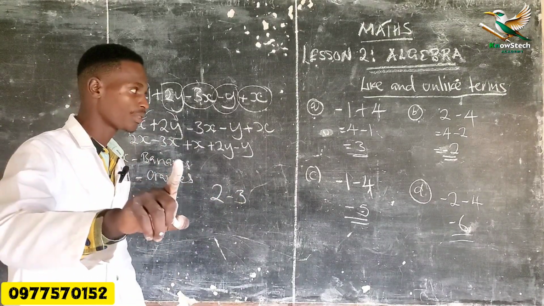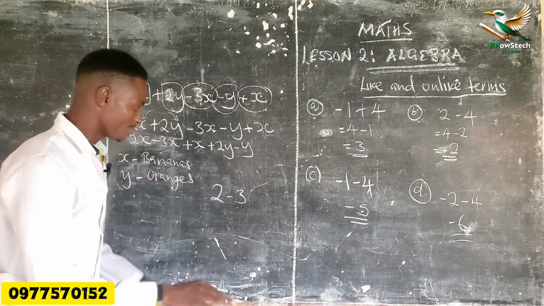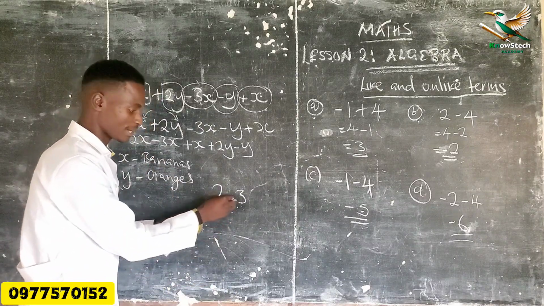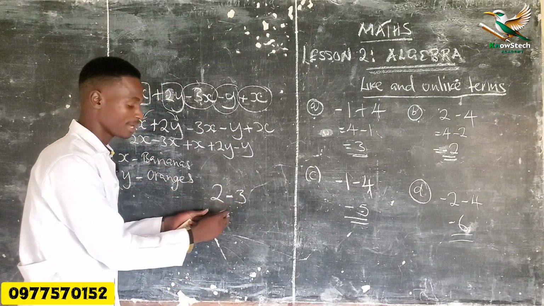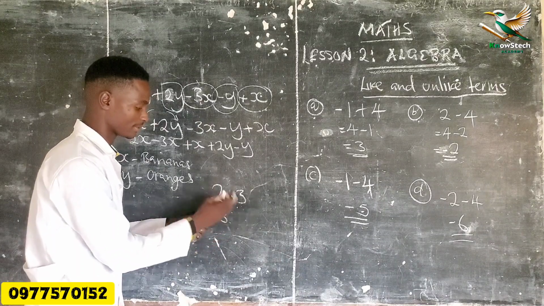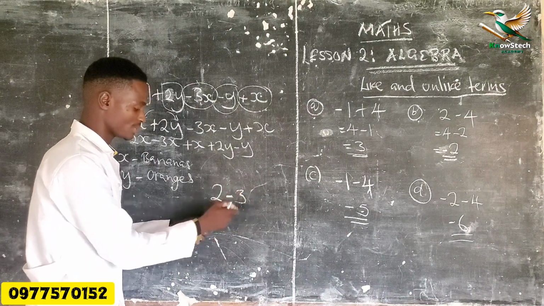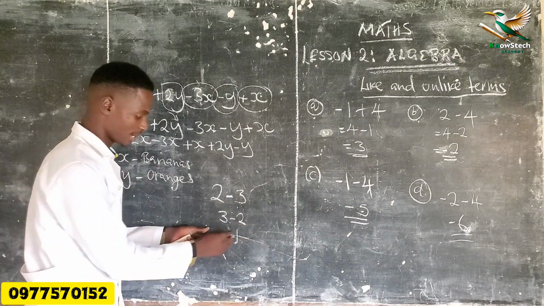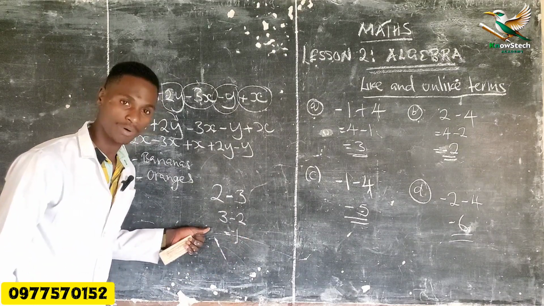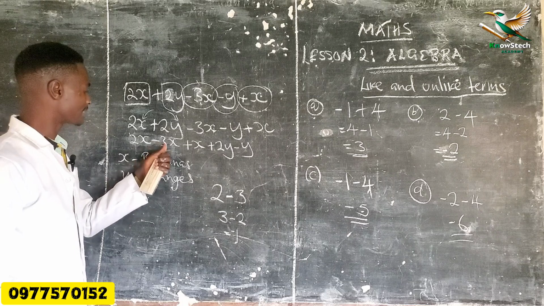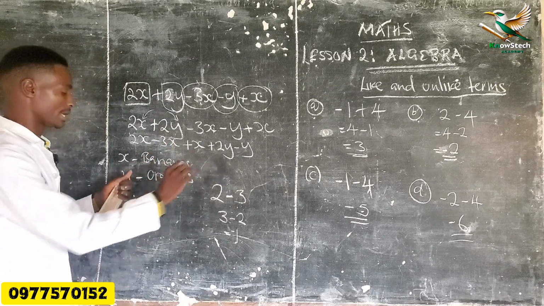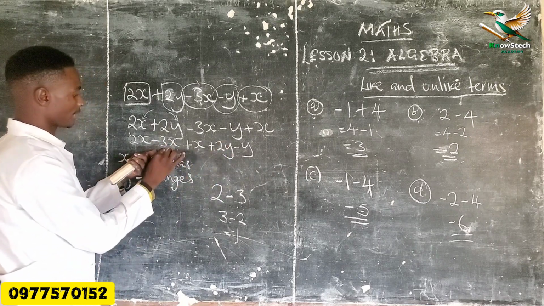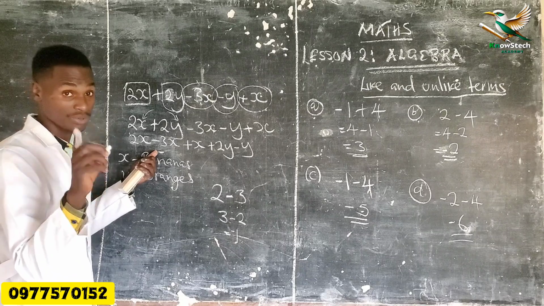Applying that rule that you already know, you subtract the smaller number from the bigger number, which is 3 minus 2, which is 1, then get the sign from the bigger number, which is negative. Negative 1. So 2x minus 3x is negative x. Let me just write negative 1 because this is the first time.